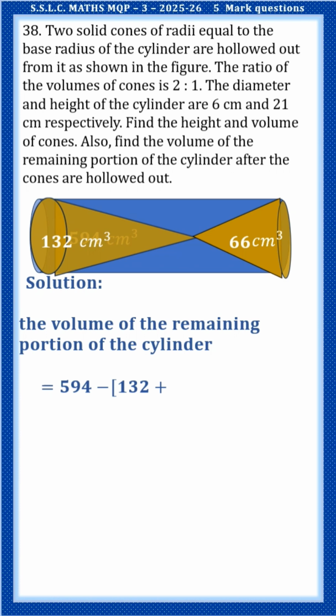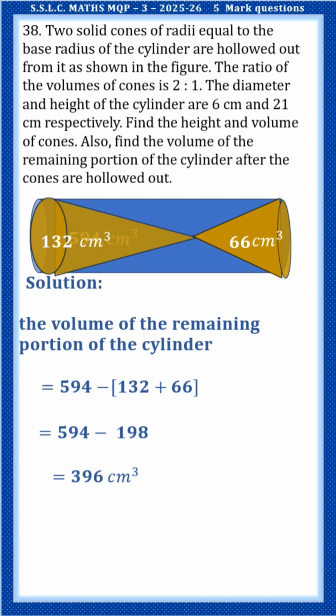So 132 plus 66 is the total volume of cones. So 594 minus 198, which is equal to 396 centimeter cube. So the volume of the remaining portion of the cylinder is 396 centimeter cube.